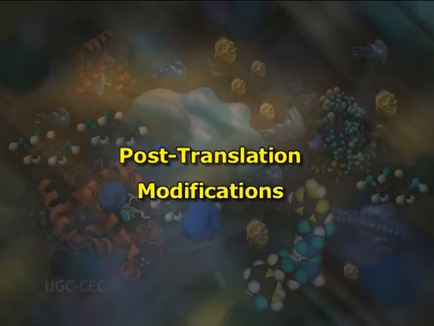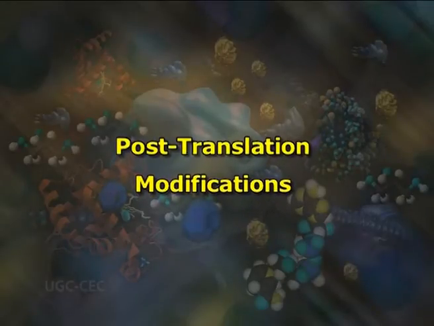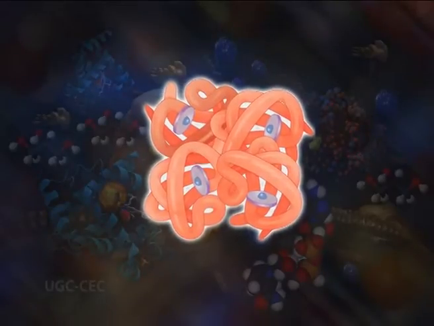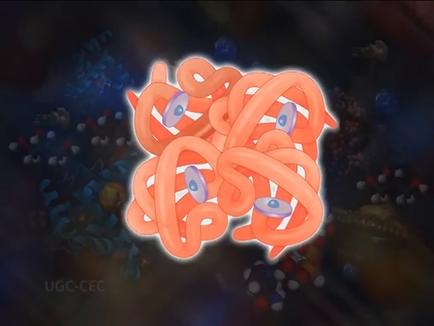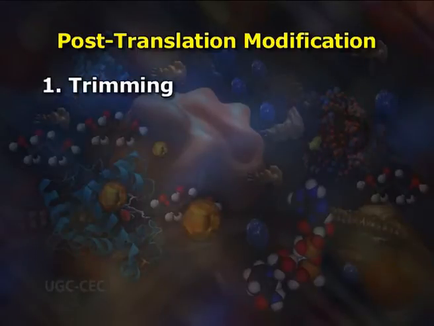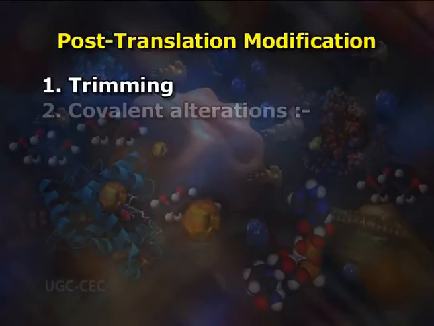Further, we talk about the post-translation modifications. The newly synthesized protein is modified to become functionally active. The various post-translation modifications are: number 1, trimming. It removes excess amino acids. Number 2, covalent alterations.